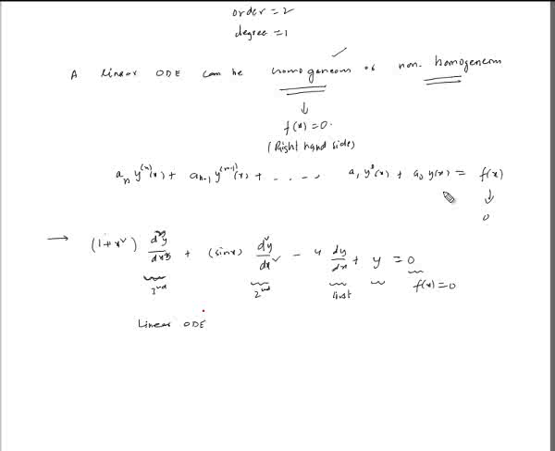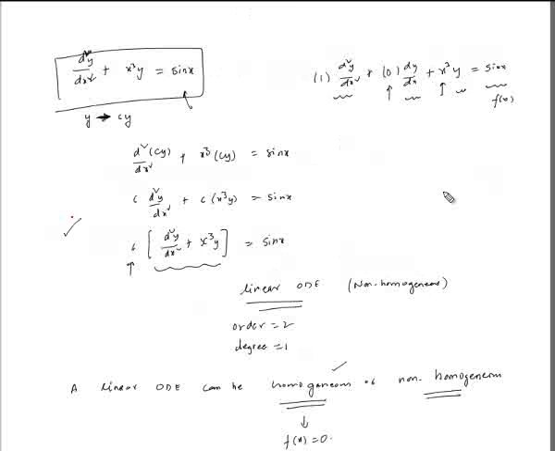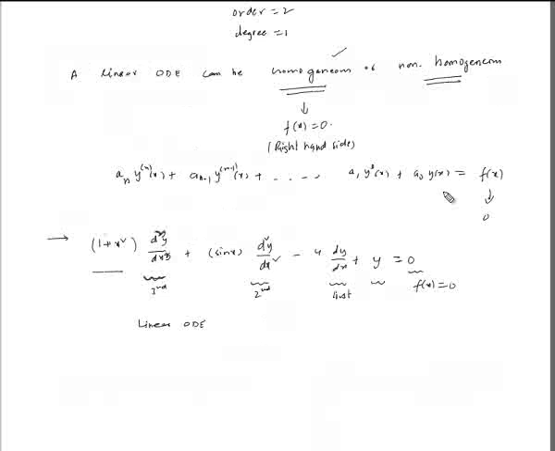So these are the two conditions. Or you can always check by putting y equal to cy, you can take out c common. And all the coefficients are either constants or functions of x. This is a homogeneous case because f of x is 0, or the right hand side is 0.